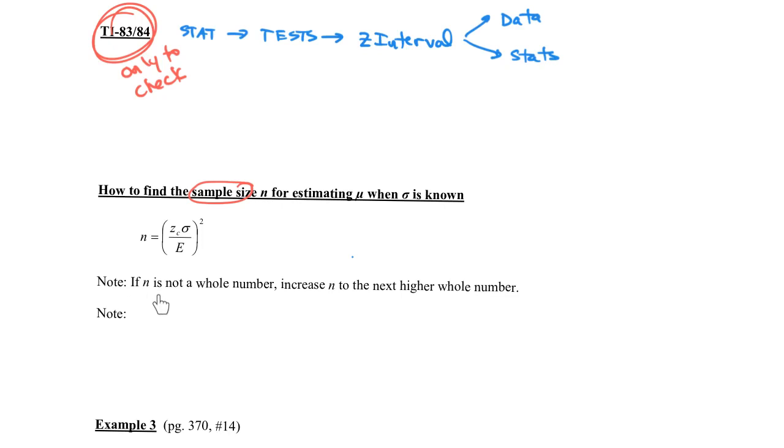And then the note here says, if n is not a whole number, increase n to the next highest whole number. So pretty much the thing to focus on is increase n. It doesn't say round, it just says increase n. It's because this is a guarantee theorem.